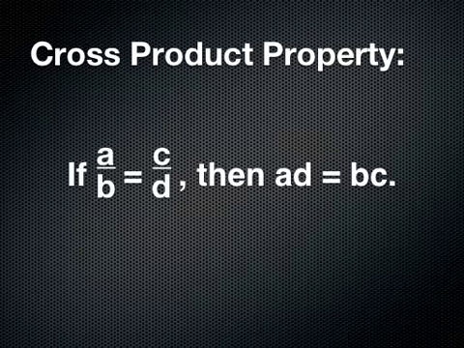Finding the cross product, remember when you have an equal sign between two ratios, or a proportion, you cross multiply, which means you multiply the numerator of one times the denominator of the other and set it equal to the other numerator times the other denominator. So cross multiplying, you've usually seen, like if you drew a circle around A and D and then kind of an oval around C and B, you would know that you needed to multiply those together.